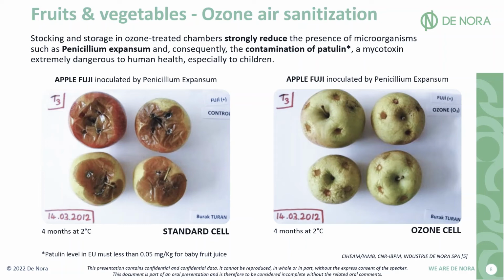In this way, if you use ozone, you carry out a prevention activity that avoids mycotoxin problems in the products. In this case, the ozone treatment process consists of an ozone concentration of 0.3 ppm during the night and 0.1 ppm during the day, because if some people need to go inside the storage room during the day, the company uses a lower concentration of ozone.